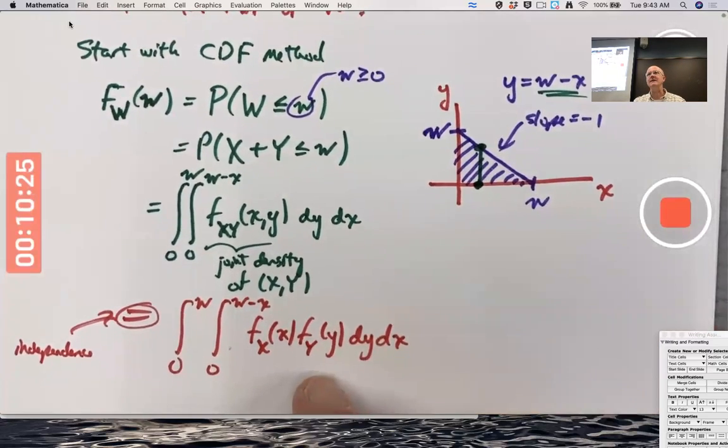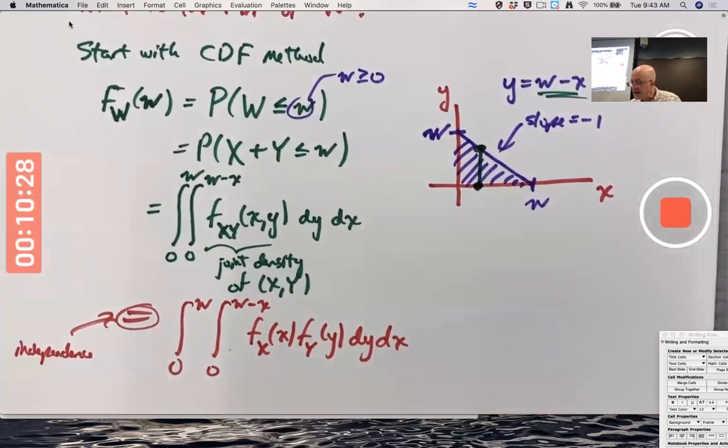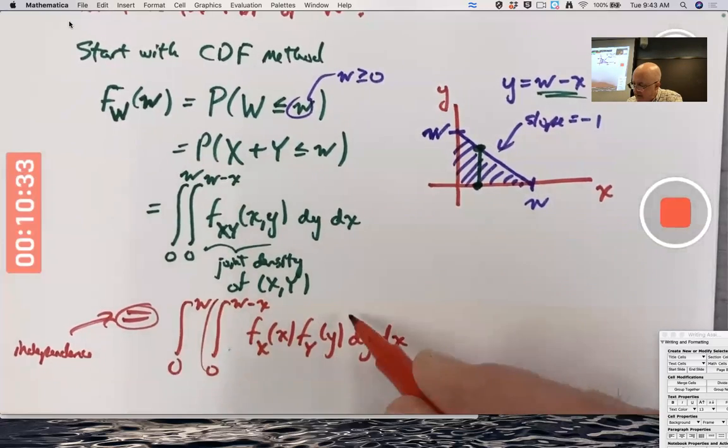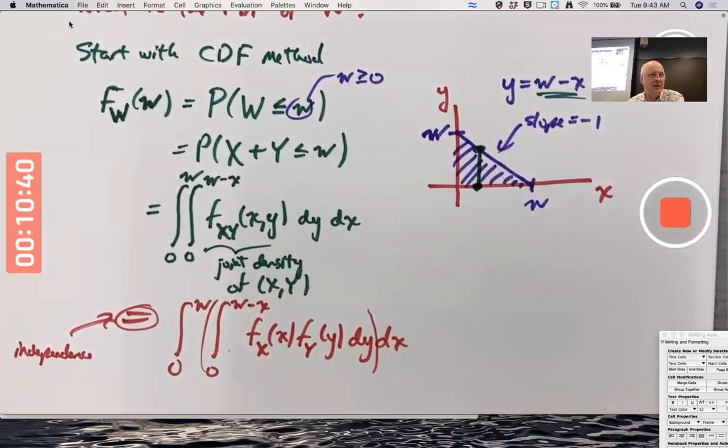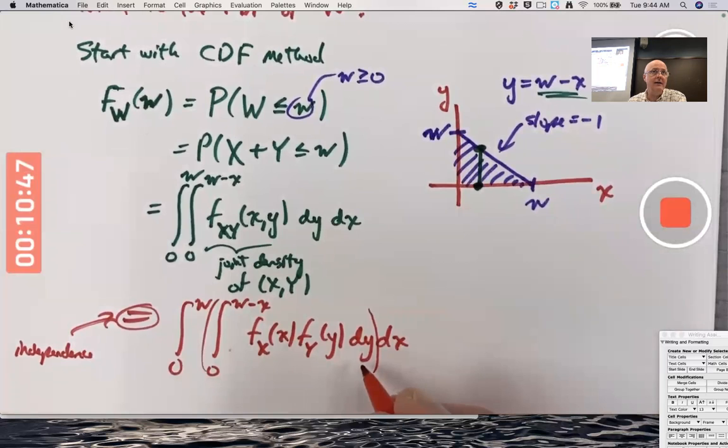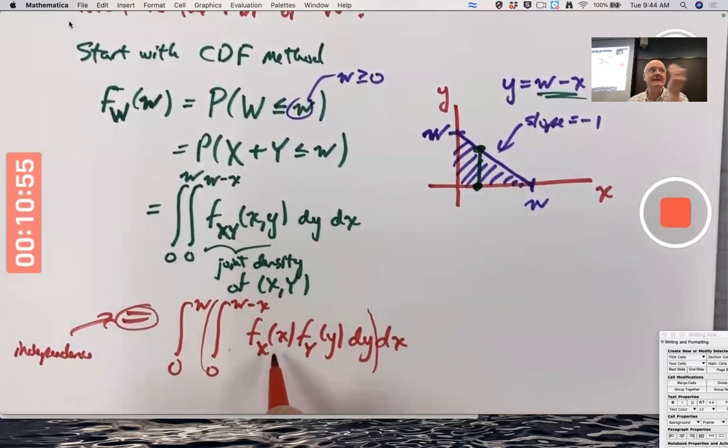But because we can write this, here's one key. A double integral like this has really an inner integral and an outer integral. Don't always put parentheses there, but that's what's really going on. Sometimes called an iterated integral. There's a first integral, an inner one, and a second one, an outer one. For the inner one, the variable is y. I'm integrating with respect to y. Fx of x doesn't depend on y. It's constant with respect to y.